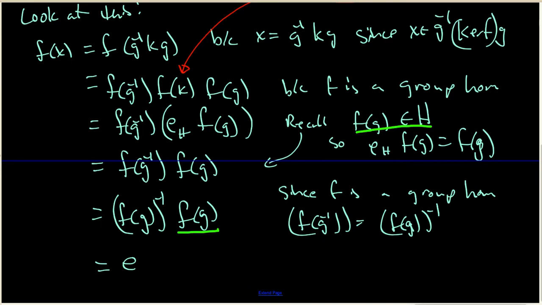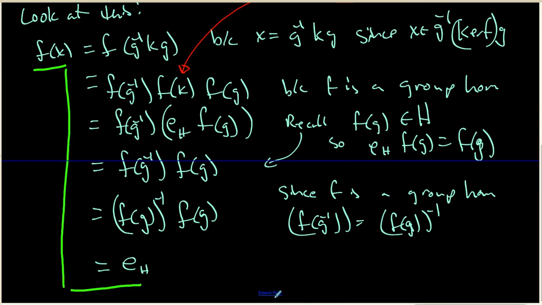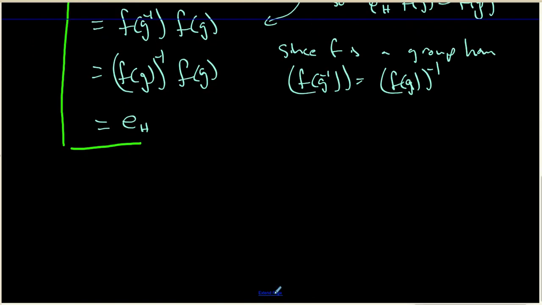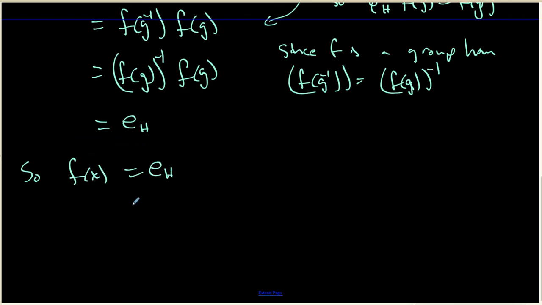And so this product has to be the identity in group H. So what we've now got is f of x boils down to e sub H. And what does that mean? Well, by the definition of kernel, that says x belongs to the kernel of f.